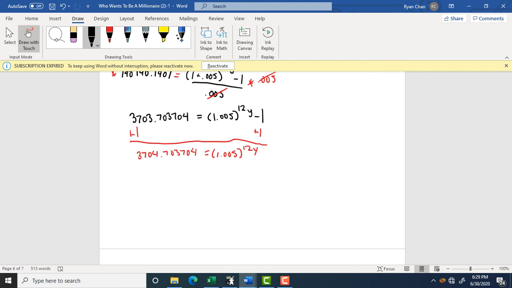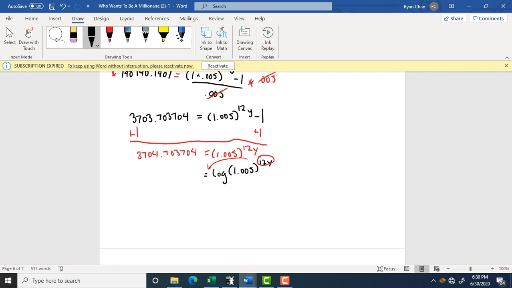So if I take the log of both sides, it looks like this. And why I'm doing that, remember, is if I take the log of both sides, my exponent comes down. It just moves down like this.